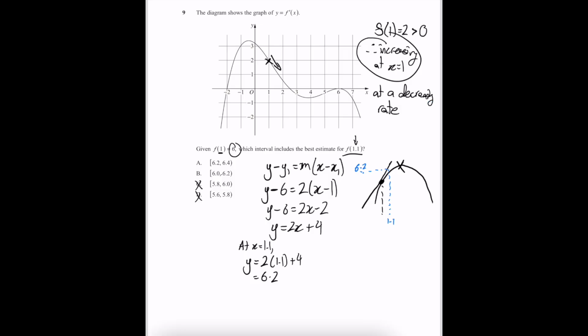And what we can see by sketching this out is that 6.2, the y value there, is larger than the actual y value on the curve. So the value of f of 1.1 should be less than 6.2. And that suggests that B is the answer.